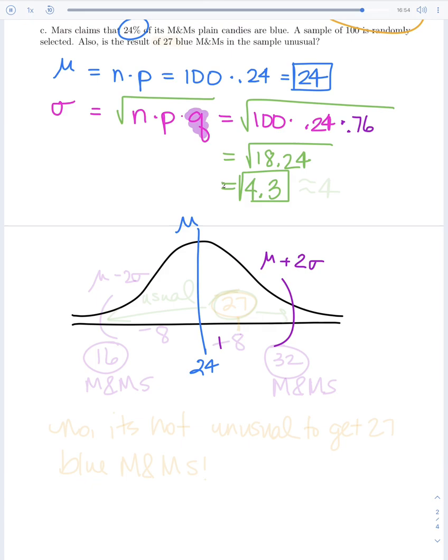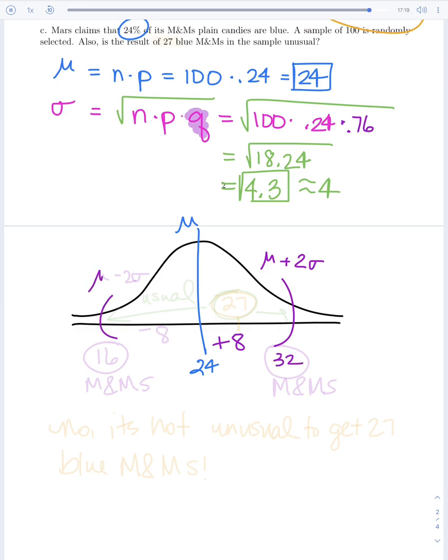Again, these are M&Ms, so I'm not sure how they would want us to round. They might have actually wanted us to round this into 4. And then that would actually mean that we would be adding 8 instead of 8.6. So we just add 8, and that would give us a total of 32.